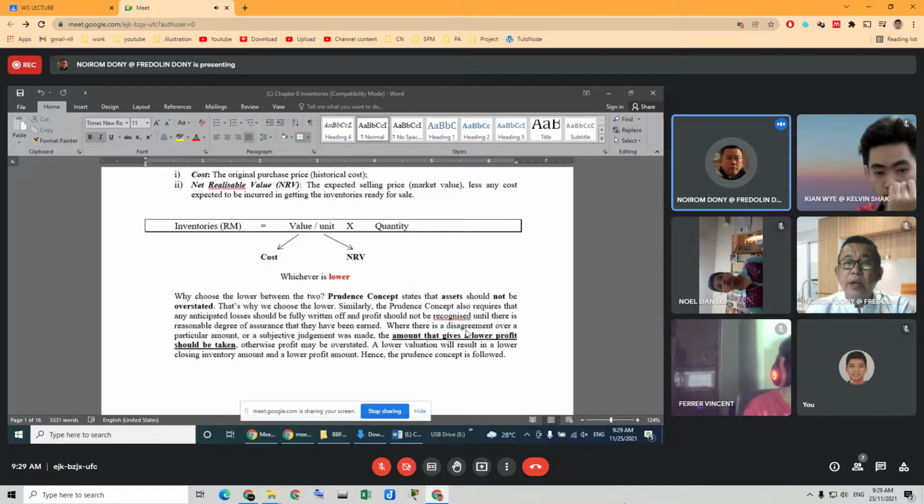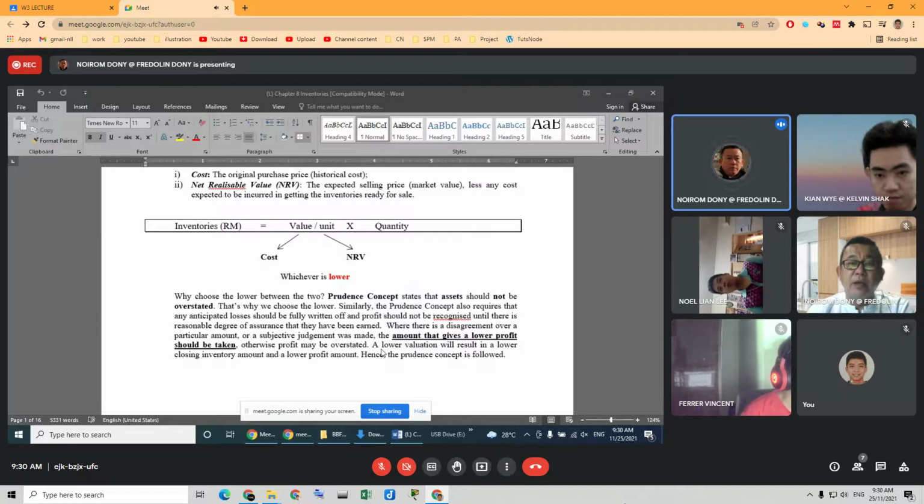So when there is a disagreement over a particular amount, meaning we have two amounts and a subjective judgment was made, which one do we decide? We select the amount that gives a lower profit. Otherwise, if we select the one that overstates the profit, a higher profit, then we are going against the prudence concept.